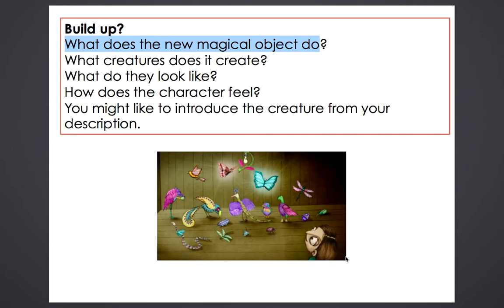It will be easier for you if you stick to the black hat story, in that out of your magical object comes some creatures. So you could have that out of your object comes the creatures that you designed in yesterday's lesson. So lots of new birds and butterflies and worms and things.